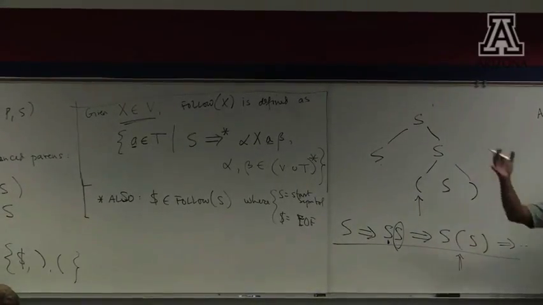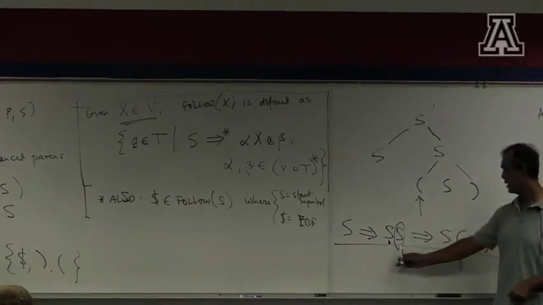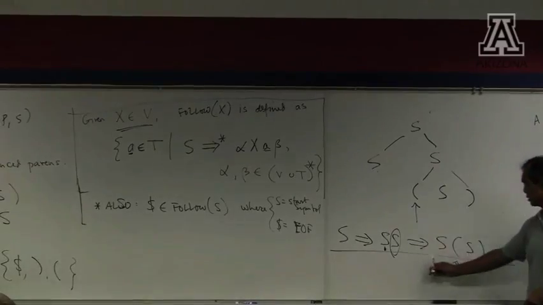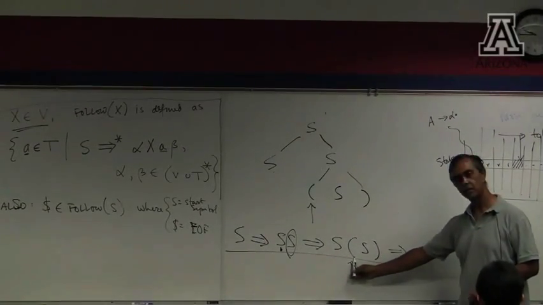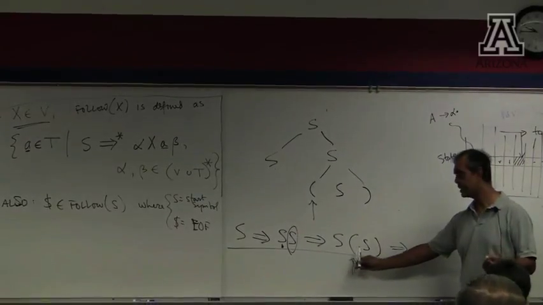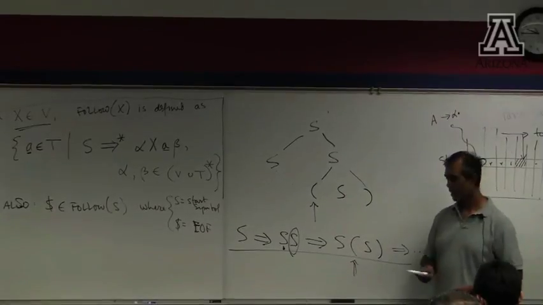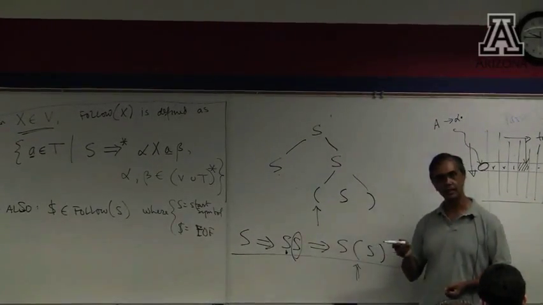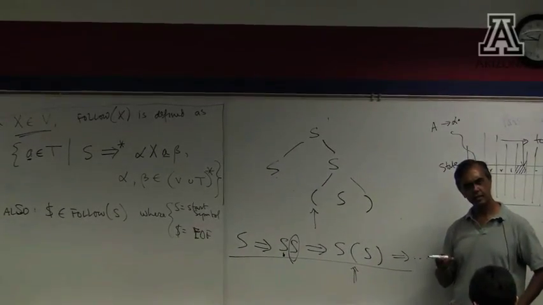This variable can go off and derive all kinds of strings. And any token that could be at the leftmost position of that string will follow S. So here's something where left paren begins a string that this guy could derive. And therefore, that token is in the follow of this guy. Does that make sense? Okay.